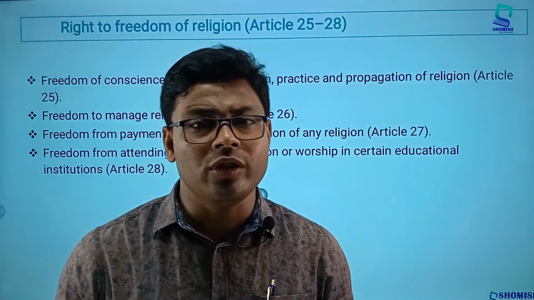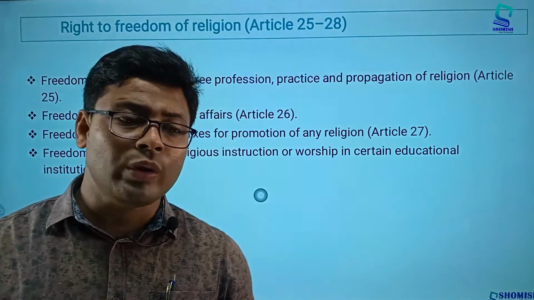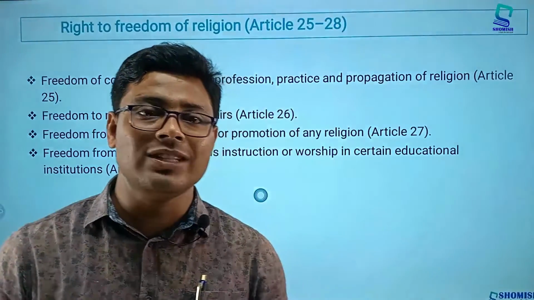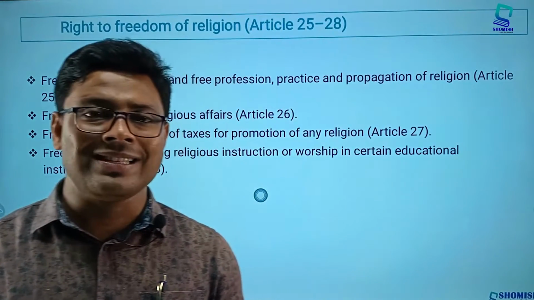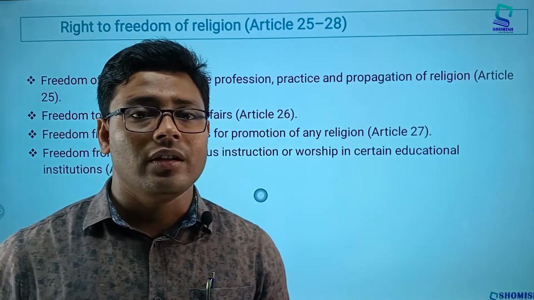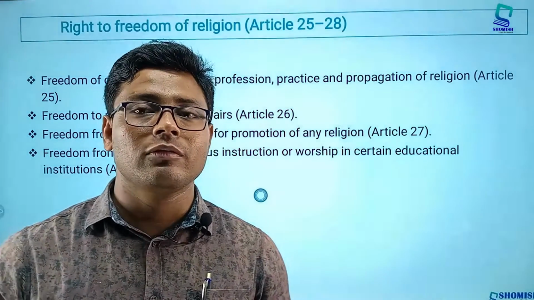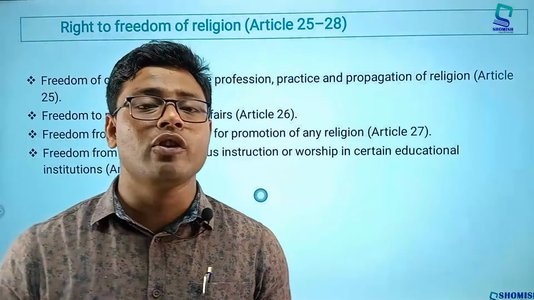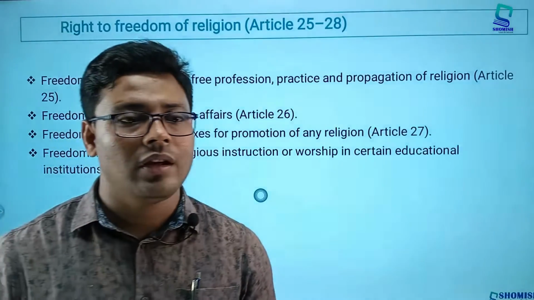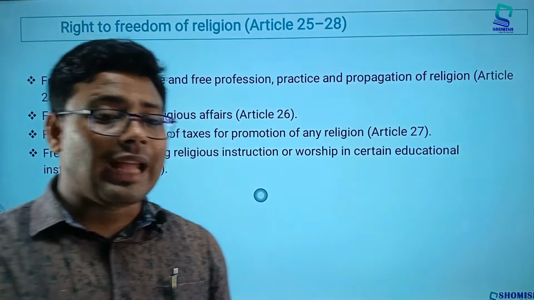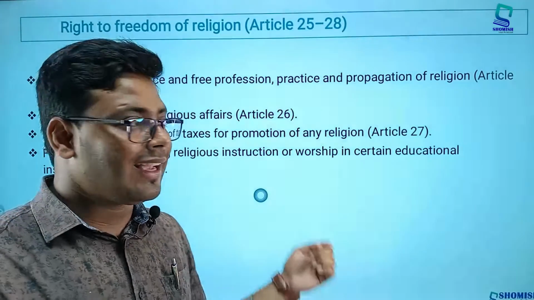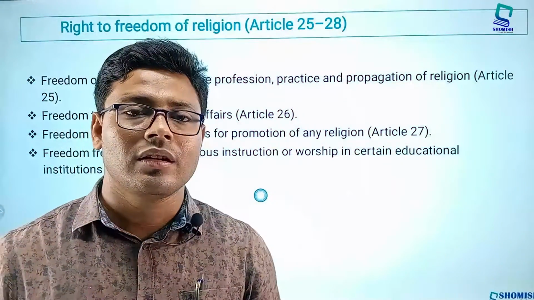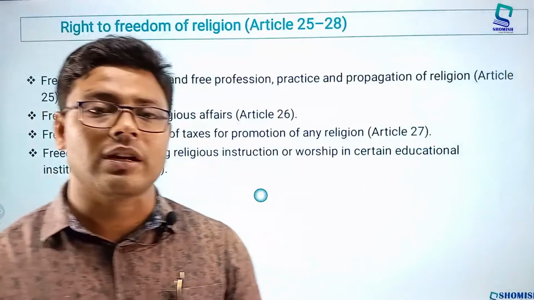It is up to you to which religion or which worship places you want to give your charity. If anybody would compel, in that case, that is also a violation of fundamental rights.